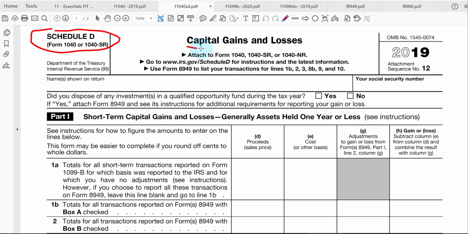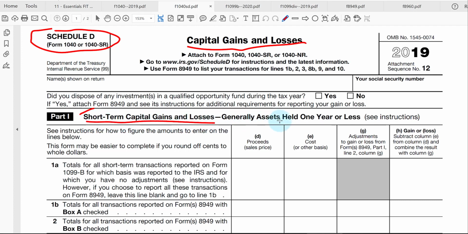The title is Capital Gains and Losses, but this is just an intermediary form where numbers are flowing into this form from someplace else. But let's take a look at the different parts here of this Schedule D. In Part 1, we're looking at a summary of short-term gains and losses.